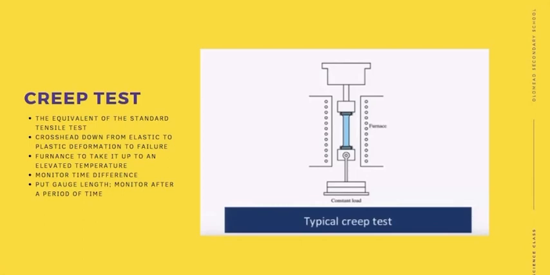And as time goes by, on the blue part of this figure, you will just monitor its time difference and put the gauge. This is actually the gauge length, and then you will monitor it over a period of time, and check if its length is going to be different over a period of time. That's just going to happen.